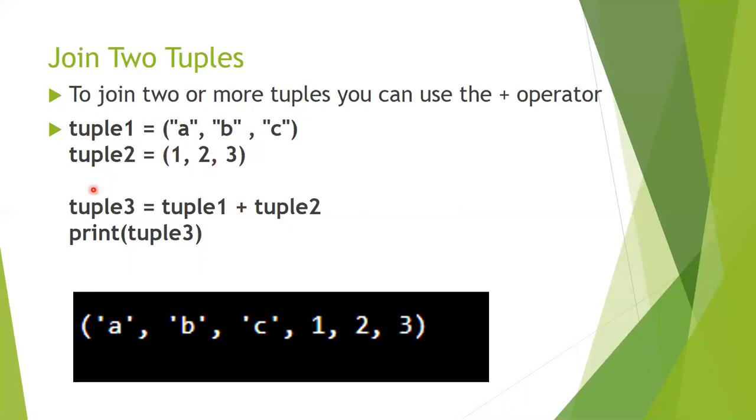Now in tuple 3, we have joined tuple 1 plus tuple 2, and if we print tuple 3, then the elements of the tuples are joined together like a b c and 1 2 3.